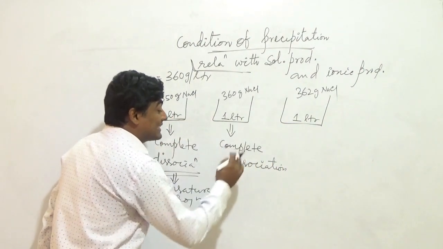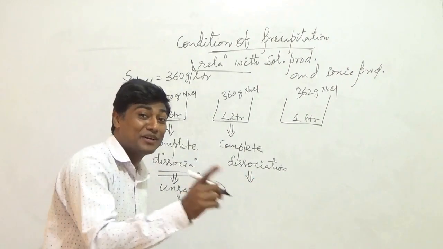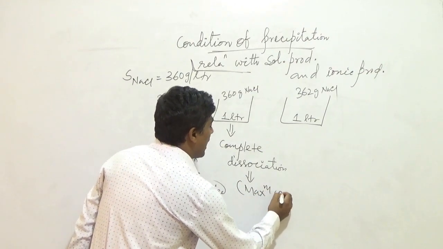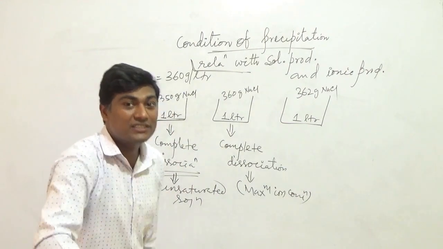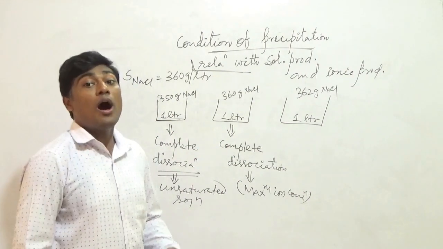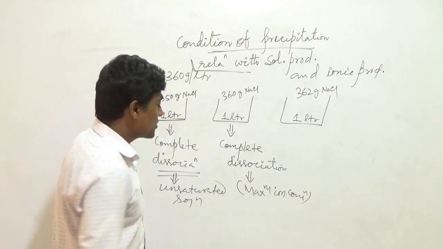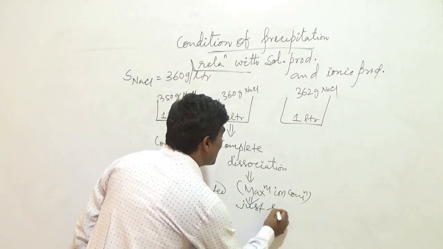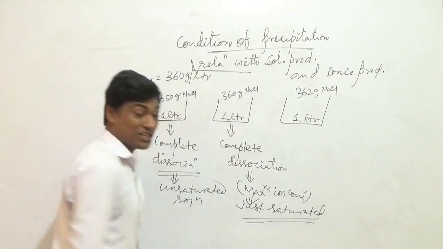This gives you the maximum ion concentration, because you cannot dissolve more NaCl after 360 gram. So this is called the just saturated solution.